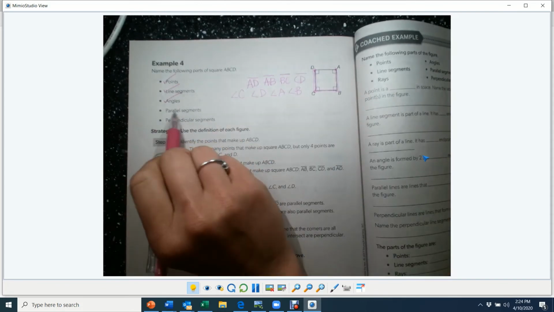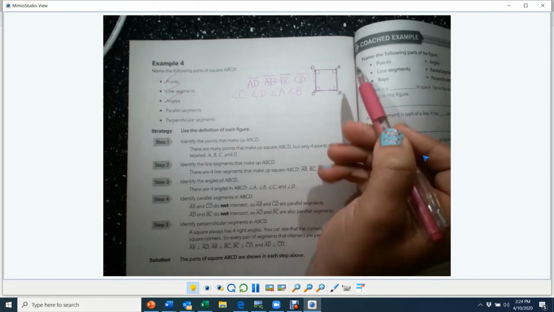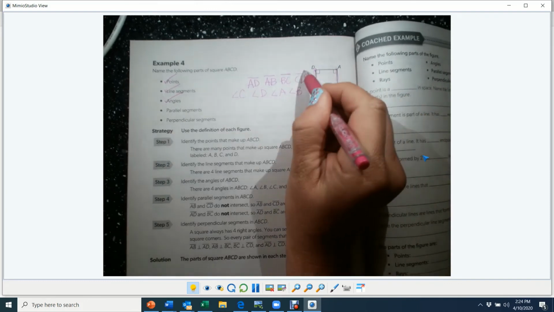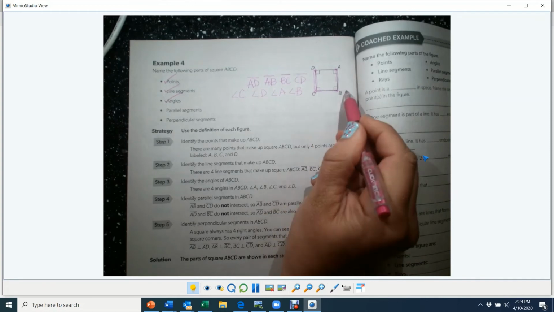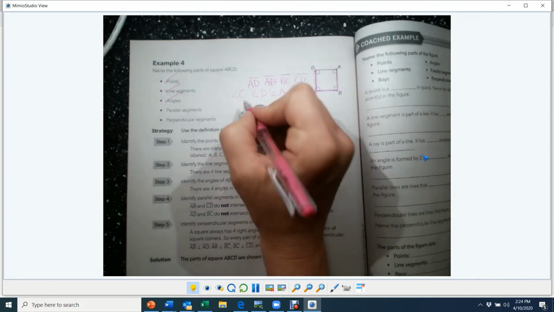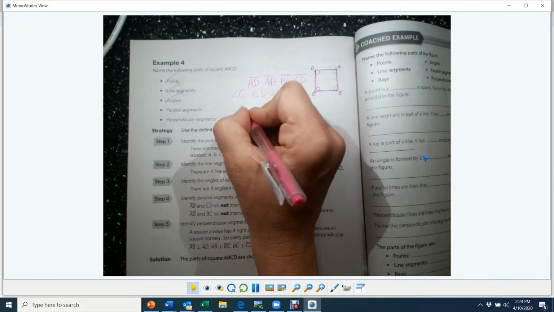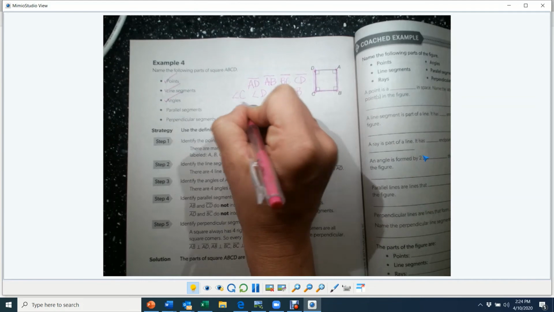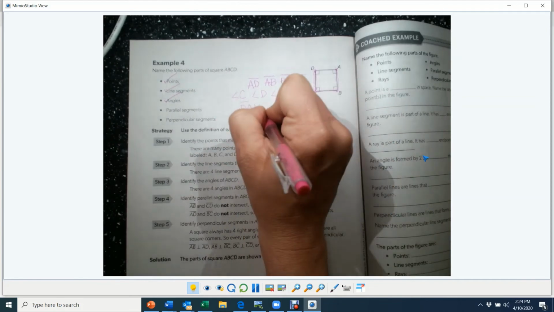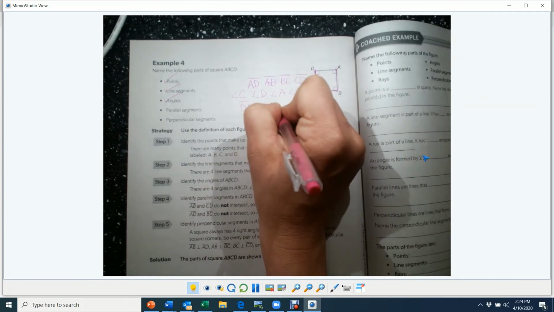Now we're going to look for parallel segments. So if you look, A and D and C and B are parallel because they're never going to touch. So we'll do DA is parallel to CB.